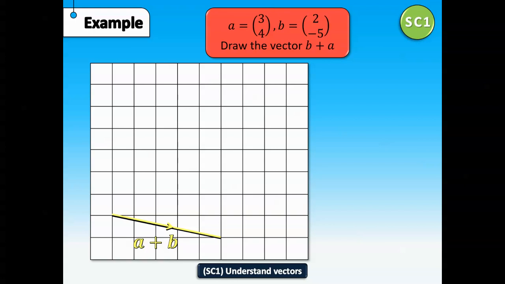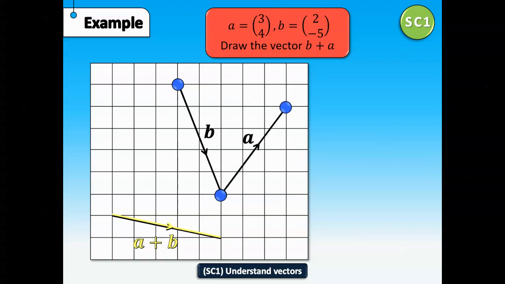We can also draw the vector B plus A. So we can start anywhere, and we draw vector B. So that's 2 to the right and 5 down. So there's vector B. Then where vector B finished, we draw vector A. So that's 3 to the right and 4 up.